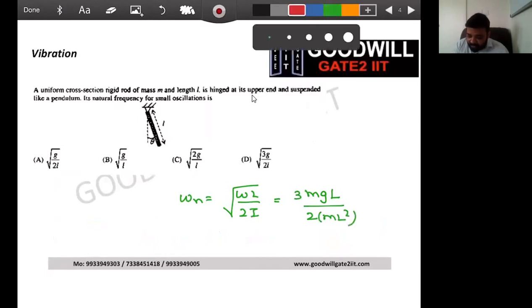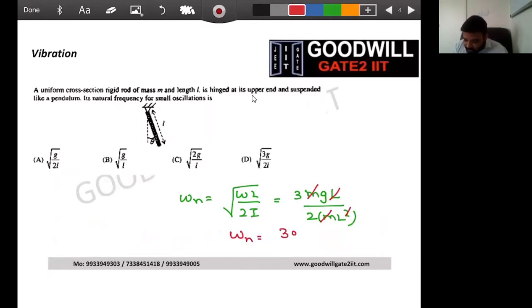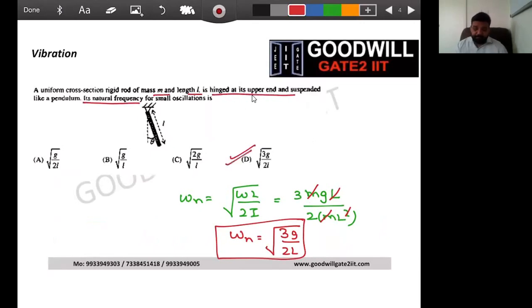Cancel out a few terms. M got cancelled out, one length got cancelled out. So omega n came out to be root of 3g by 2L, for any rod of mass m, length L, hinged at its upper end. The natural frequency of the system is given as D. I know it is slightly trickier, but it is not so bad.